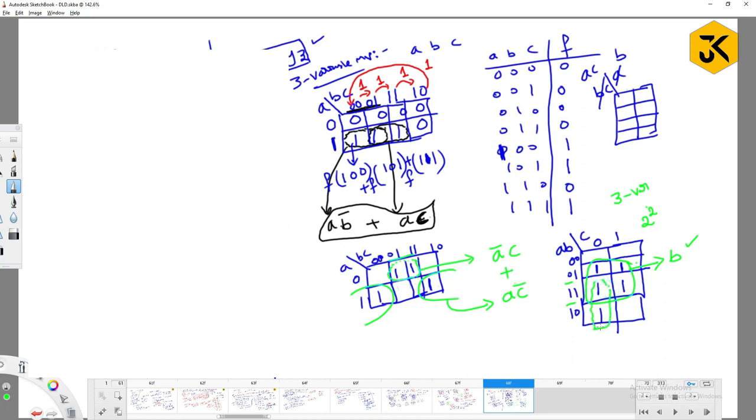These two I can combine. Can I combine with one? I can combine one also, but the problem is you are going to get more literals. So you have to make a subcube in such a way that it is maximum. Okay, fine. So what is the value of this one? This should be A C bar. So this is the final expression.